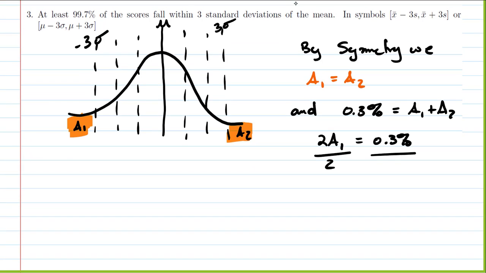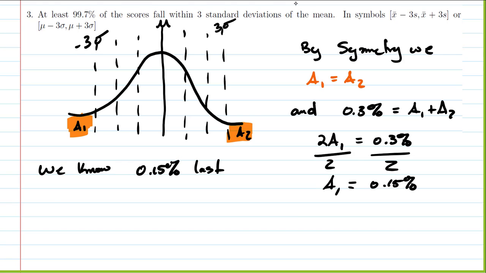So we divide by 2, we divide by 2. So our A1 down here is 0.15%. So in this case, because of the symmetry, we know that 0.15% is less than 3 years.